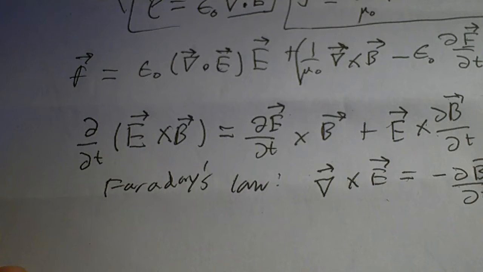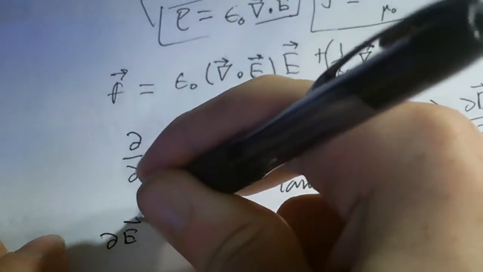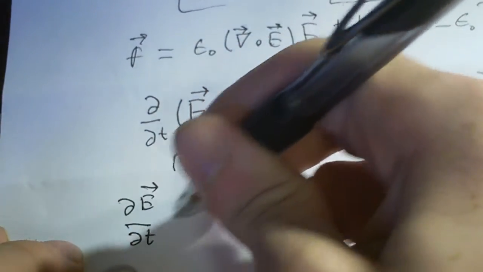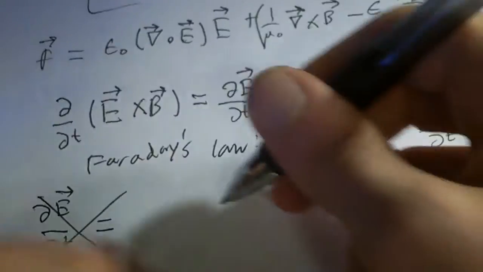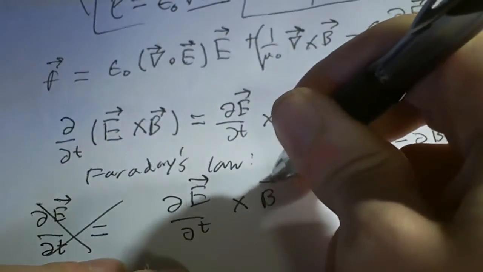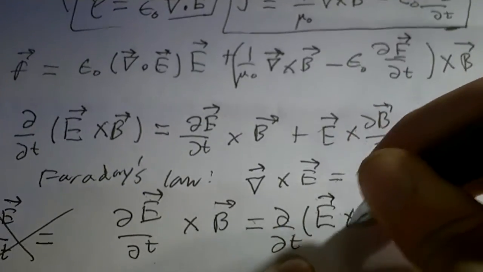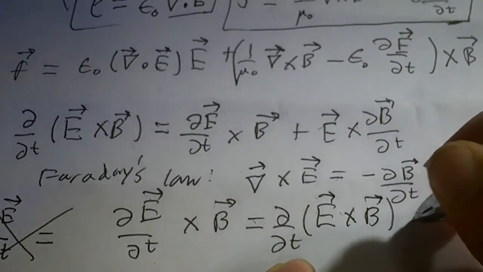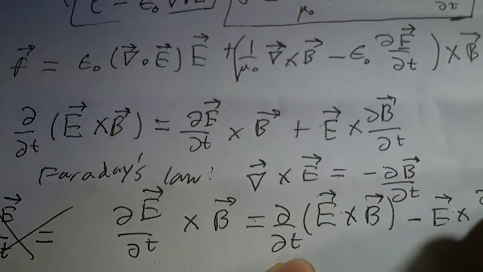Okay. So now we can apply this. Sorry, dE dt cross B, solving for it, is equal to d by dt of E cross B minus E cross dB dt.